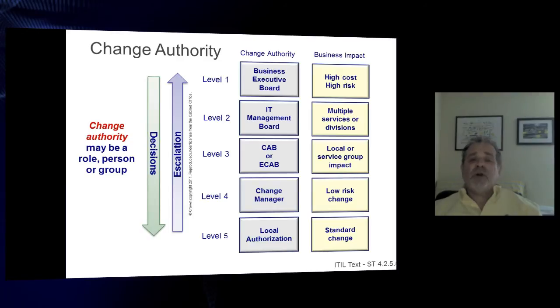The change authority can happen in a number of different places depending on your organization. So something that might just have a local impact may be done at your local CAB or your ECAB. Something larger, high cost, high risk, may go all the way up to your executive board. Again, each organization is unique, and so where the change authority happens will be unique to your organization.